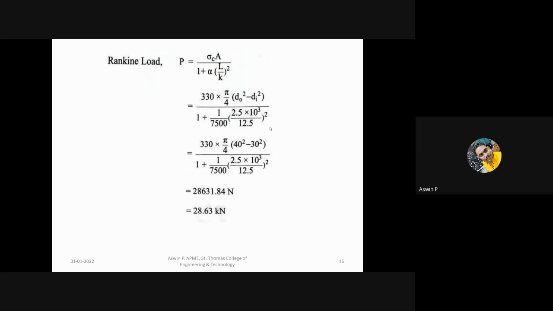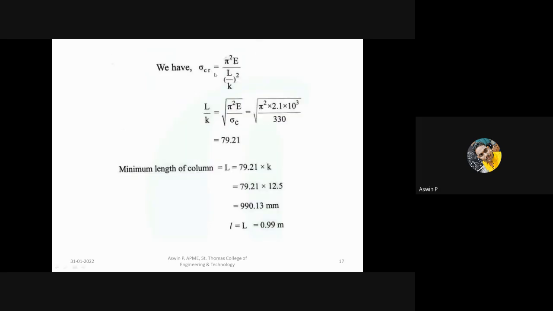For that, first of all, you need to identify the crushing load or crippling stress, this buckling stress. So determining buckling stress, in the previous case they gave the stress and you needed to determine the crippling load.